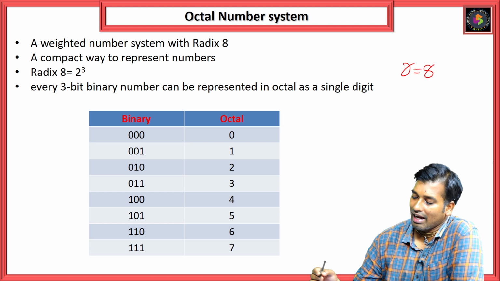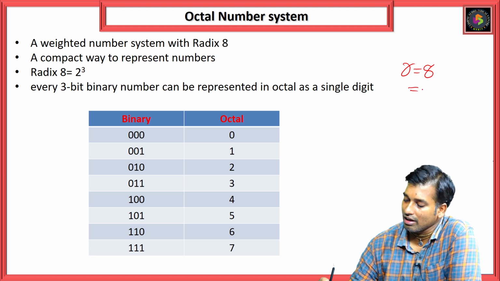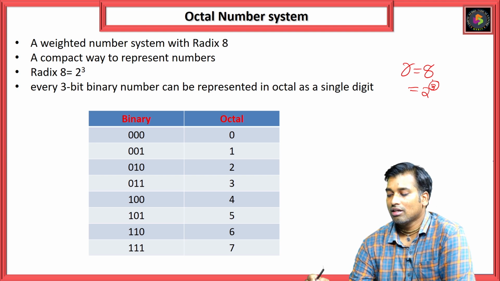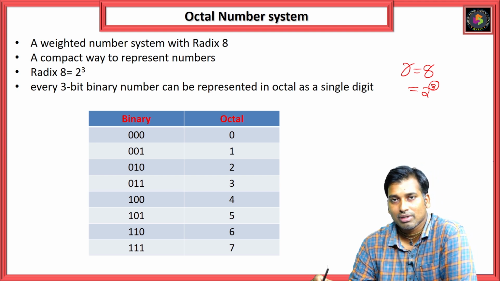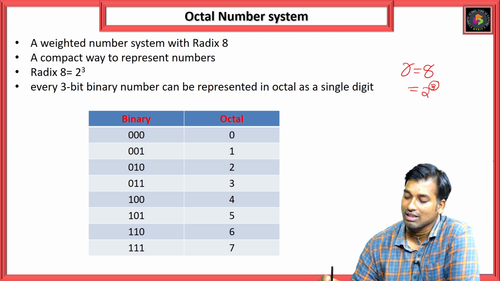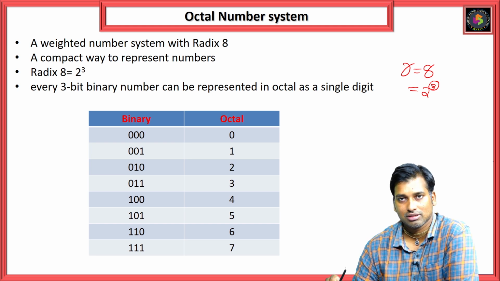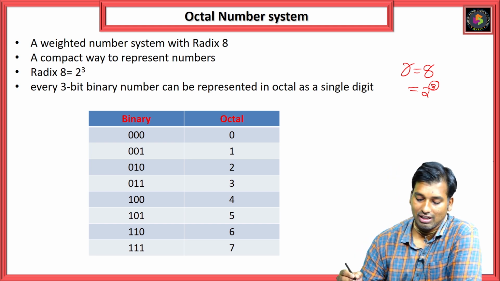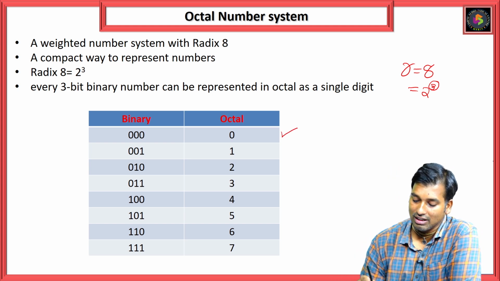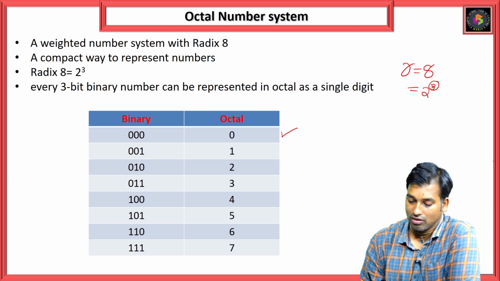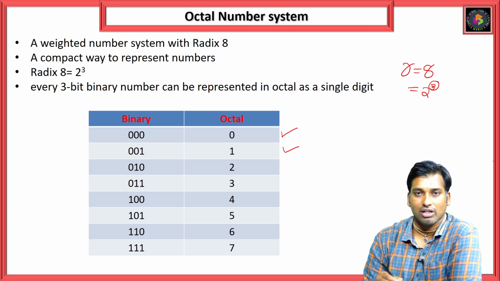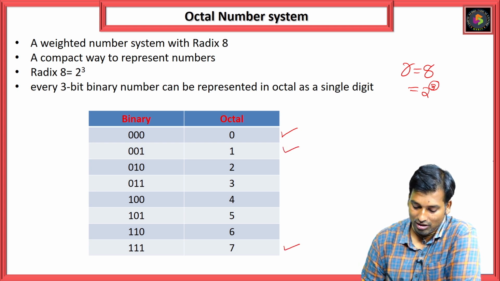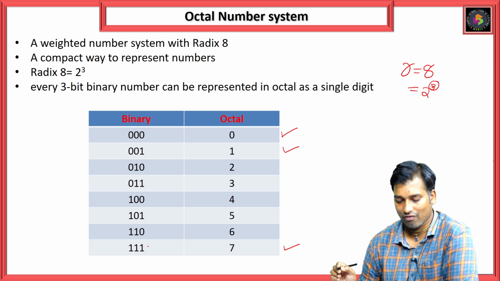is 8 can be represented as 2 power 3. So this 3 signifies that any octal number can be represented using 3 bits of binary numbers. For example, you can see here the 0 can be represented as 000, 1 can be represented as 001 up to 7, which is the binary equivalent 111.